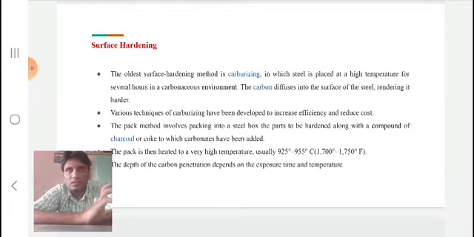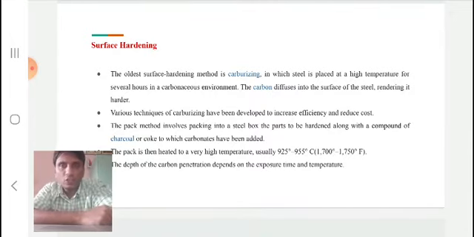When the steel part is kept in a carbonaceous environment for many hours, the carbon in the carbonaceous material will diffuse into the steel component through its surface.